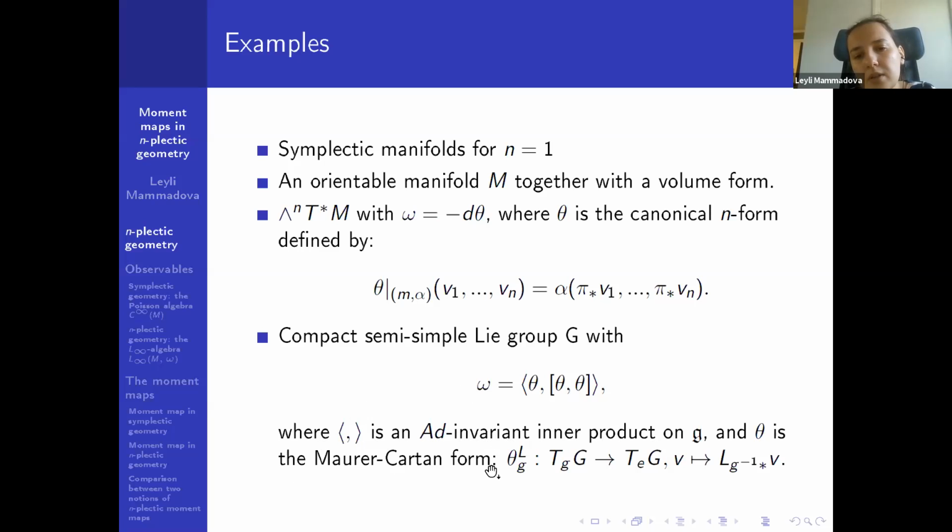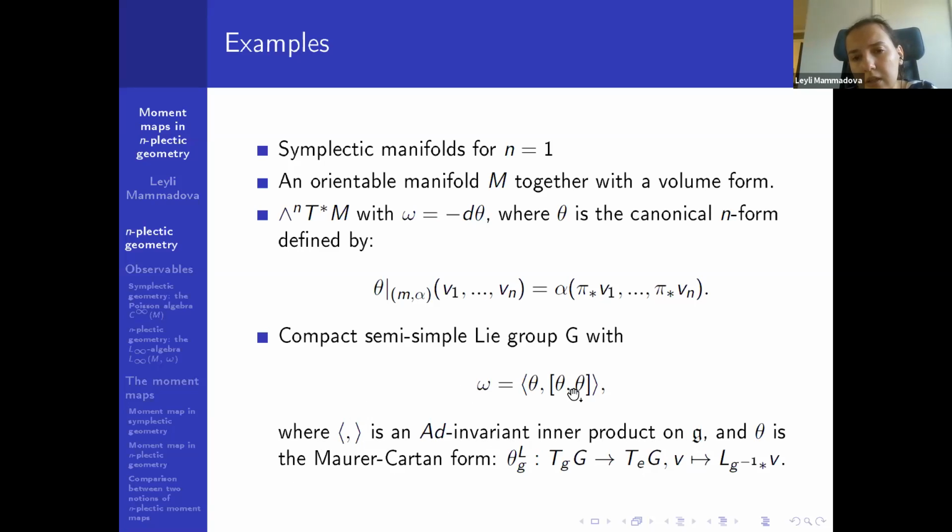So you can take the Maurer-Cartan form, defined in the following way. The Maurer-Cartan form takes a vector at any point in the tangent space of G and pulls it back to the tangent space at the identity, so basically the Lie algebra.